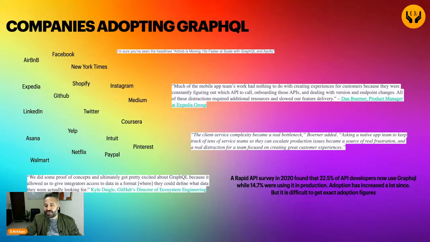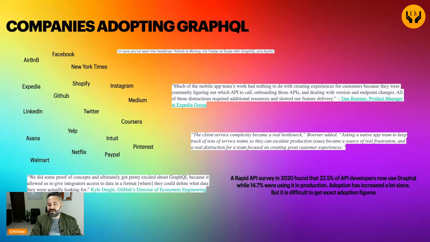All of this distraction required additional resources and slowed our feature delivery. So these are things that have made GraphQL a big player next to REST in API development now.